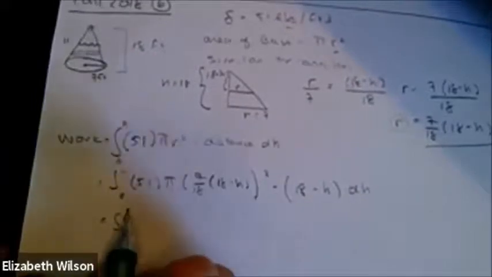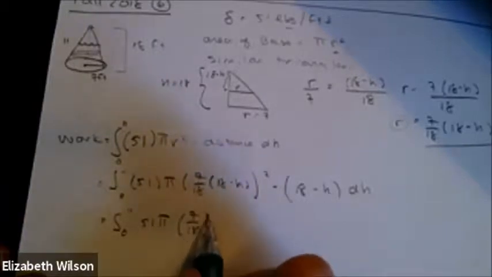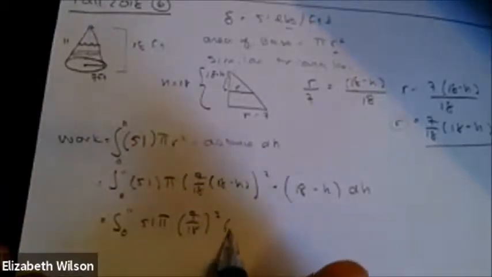So it looks like we're going to go from 0 to 11. We've got 51 pi, times 7/18 squared, times 18 minus h squared, times 18 minus h. Remember, this came from our radius, and this came from our distance. These are the same thing, so we can bring them together into one statement.